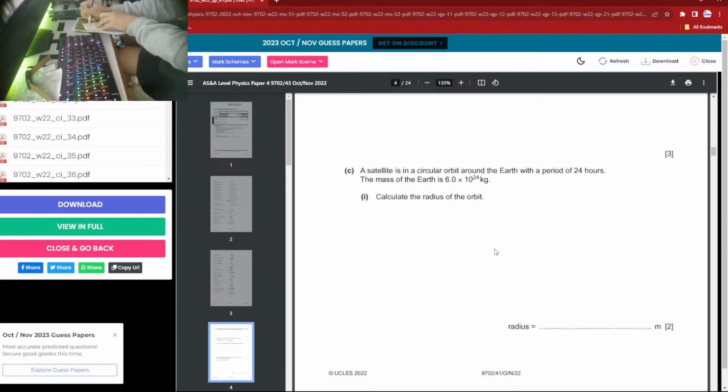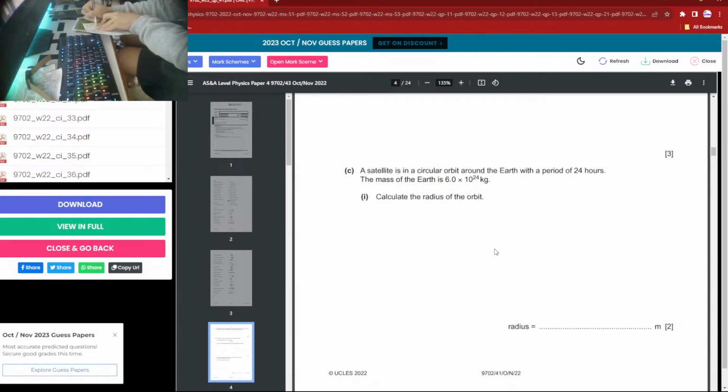r squared. r equals the square root of 6.67 times 10 to the power of negative 11 times 6 times 10 to the power of 24 over 9.81.